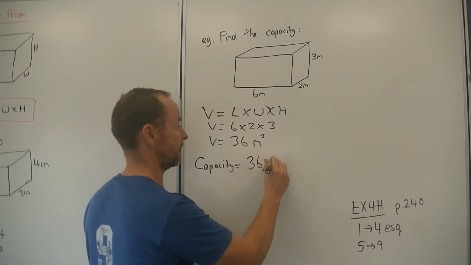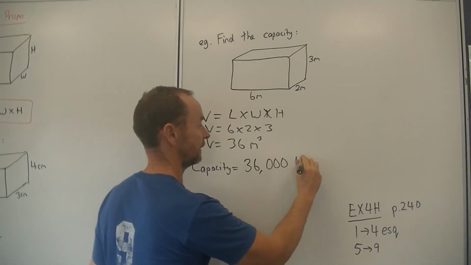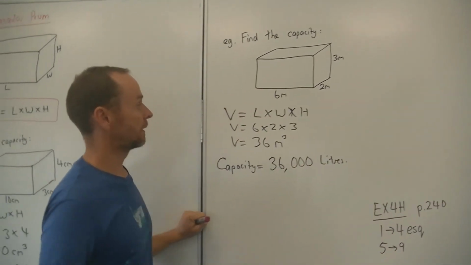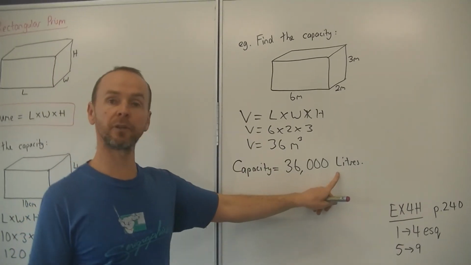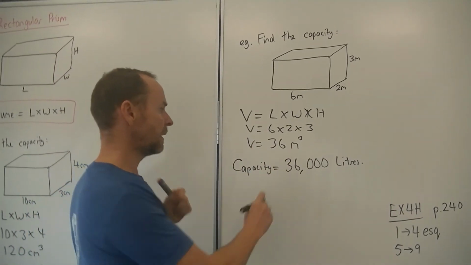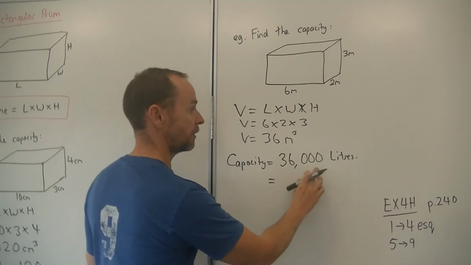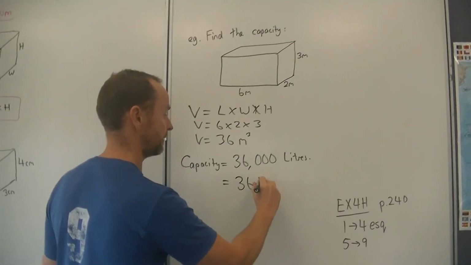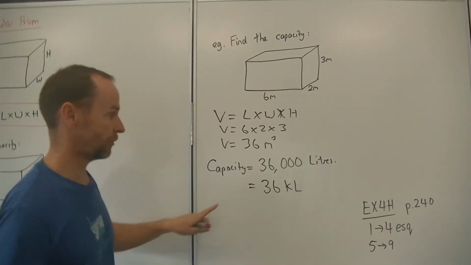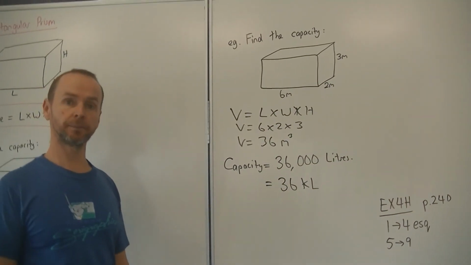So it's 36,000 litres. If you had something that's 36 metres cubed, it would hold 36,000 litres of water. But you can simplify that because 1,000 litres is 1 kilolitre, so it's the same as 36 kilolitres. You can just write it like that, and you're done.